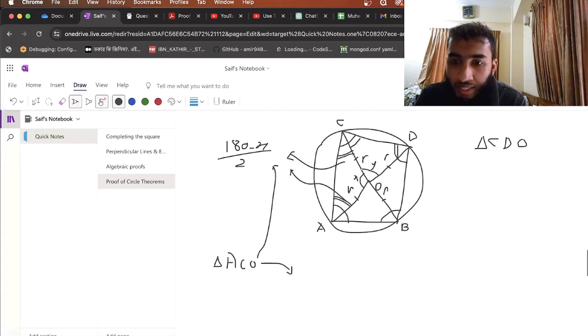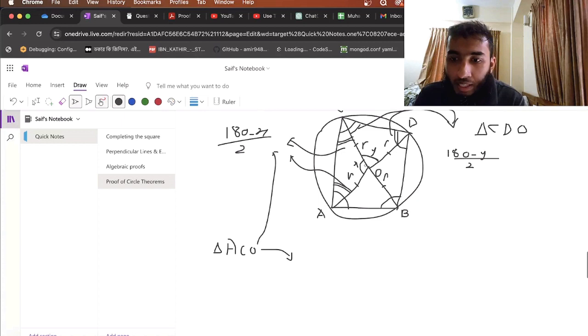So if this angle is Y, then this angle and this angle will both be (180 minus Y) by 2.